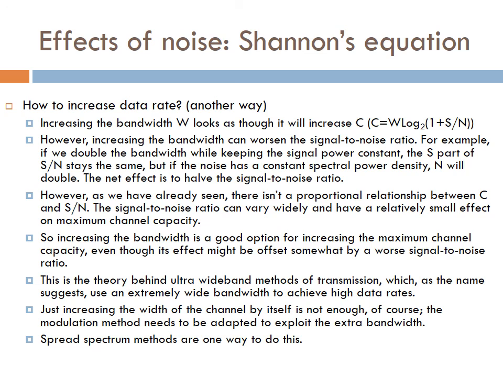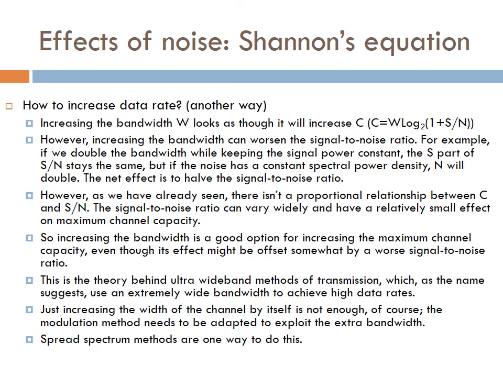So increasing the bandwidth W looks as though it will increase C. However, increasing the bandwidth can worsen the signal to noise ratio. For example, if we double the bandwidth while keeping the signal power constant, the S part of the S over N stays the same.